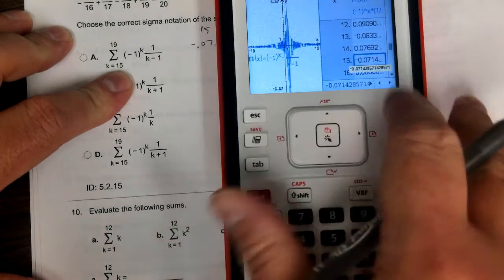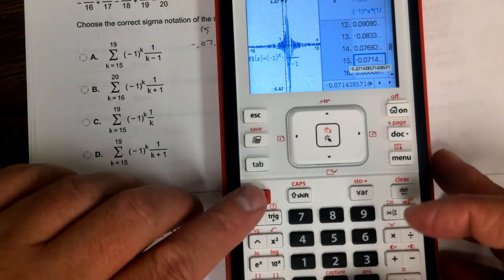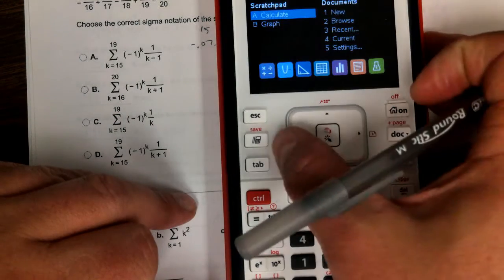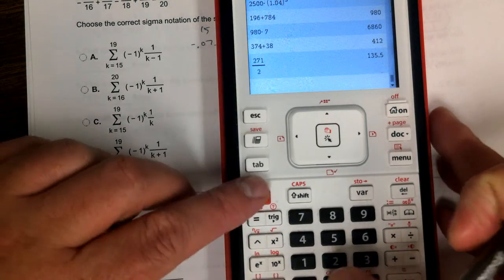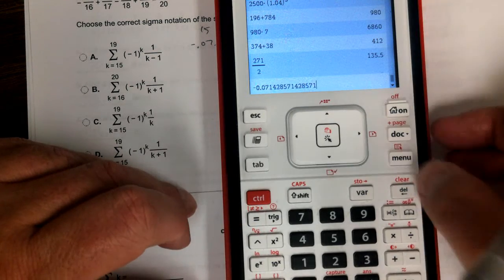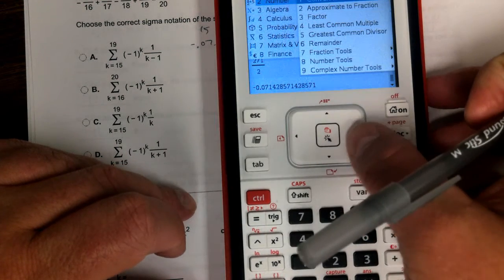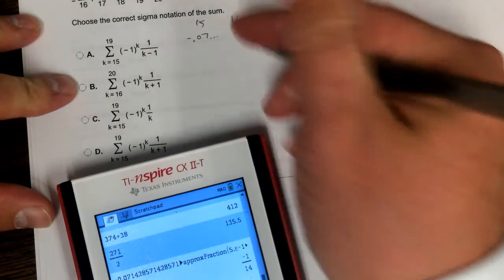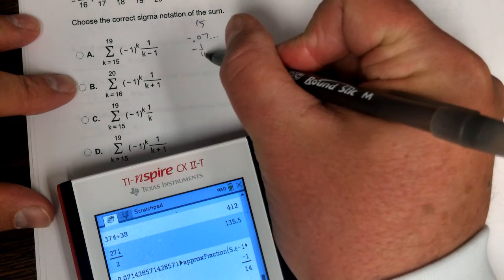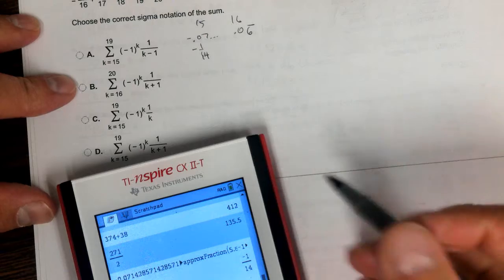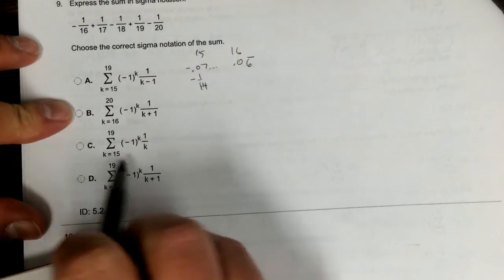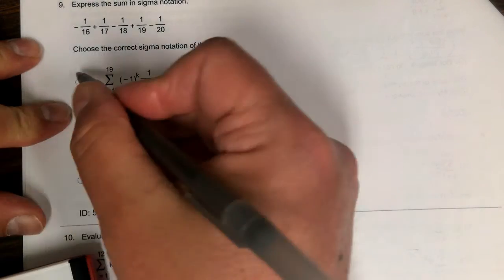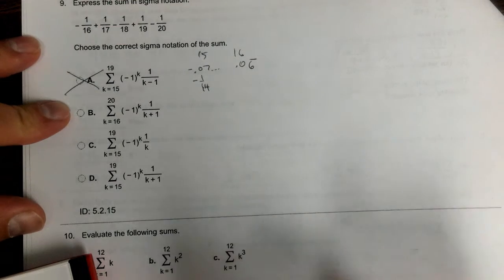You can go to the value, then do Control C to copy it, and then Control V to paste it, and then convert that to a fraction. Okay, so this first one was really negative 1/14. So since the first one here is negative 1/16, that means it's not it.